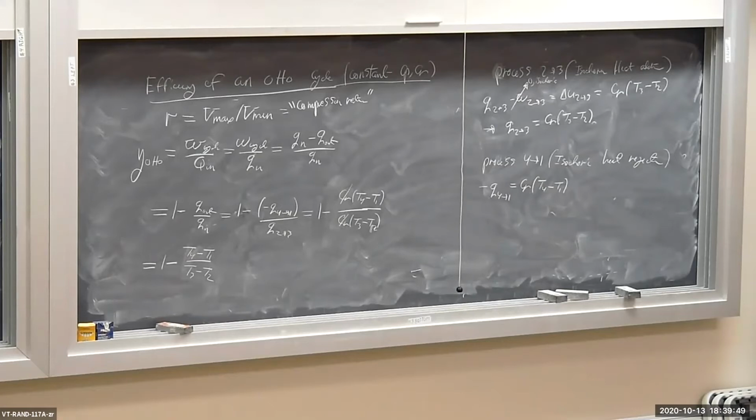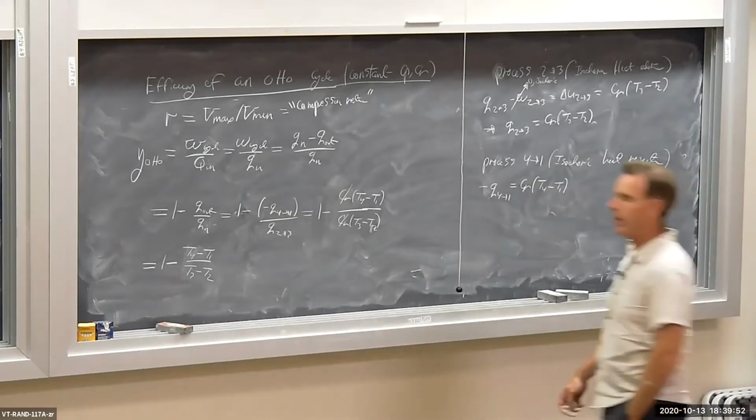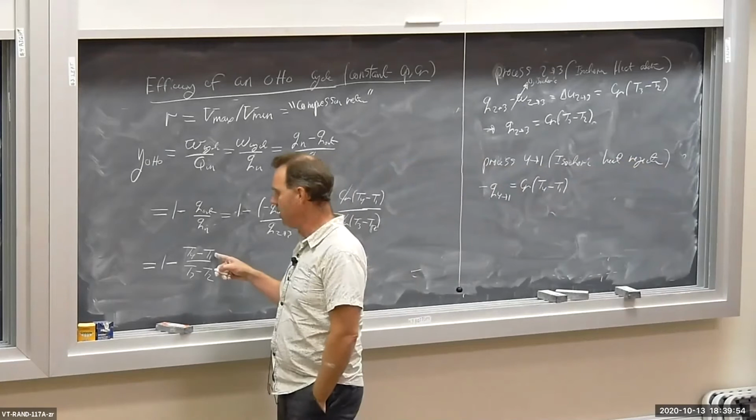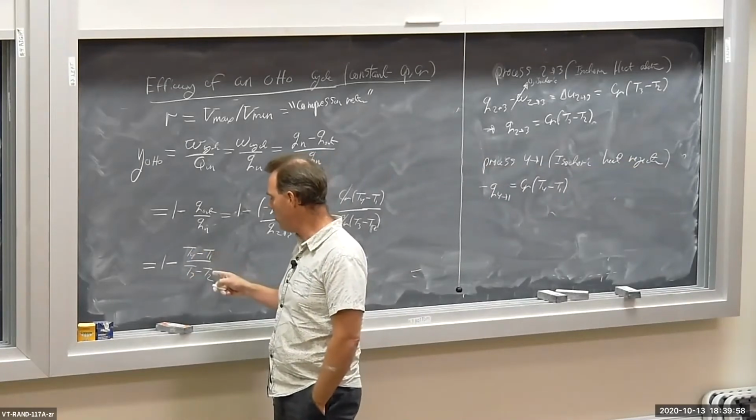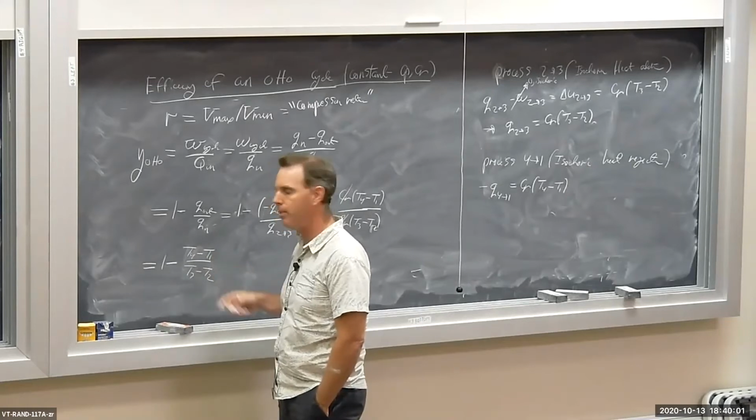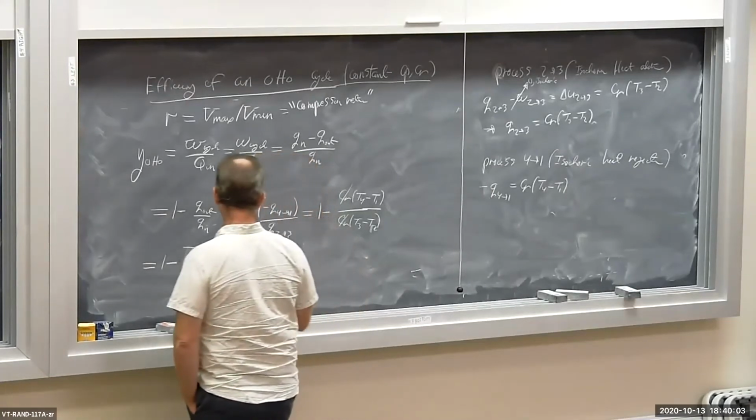Let me do something that might look a little bit strange, but is actually very helpful. I'm going to extract out the T1 and the T2 from the numerator and the denominator, and put them in front of the fraction.